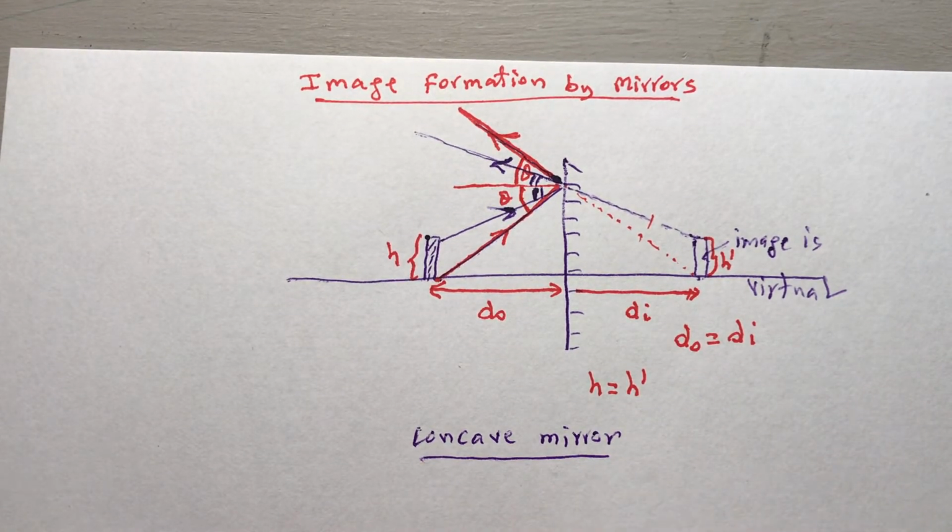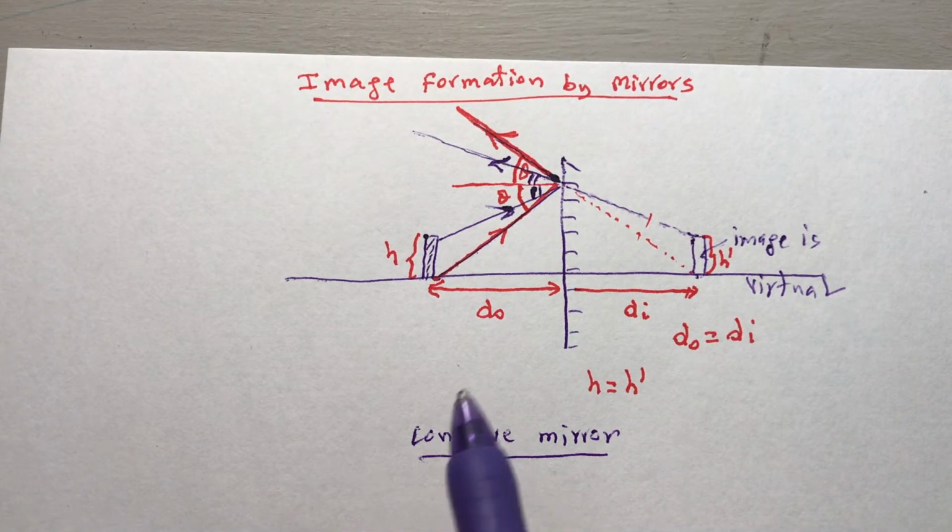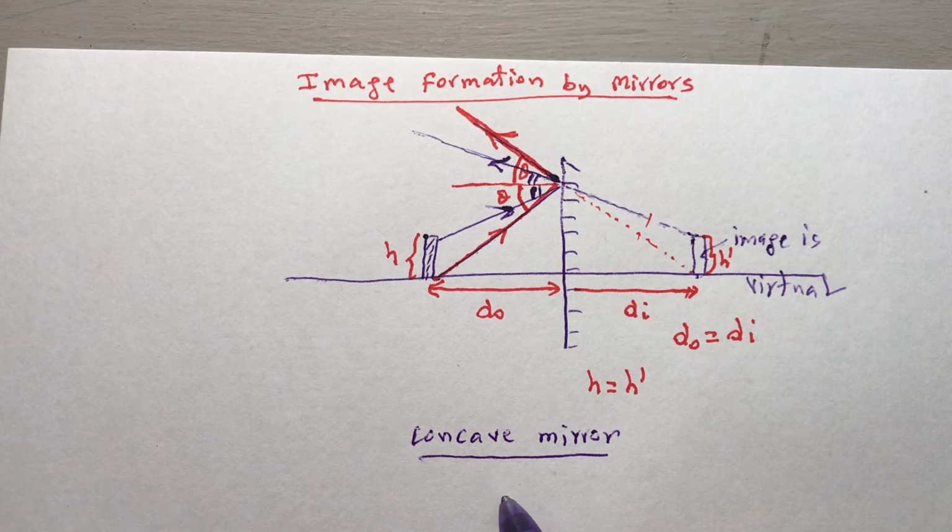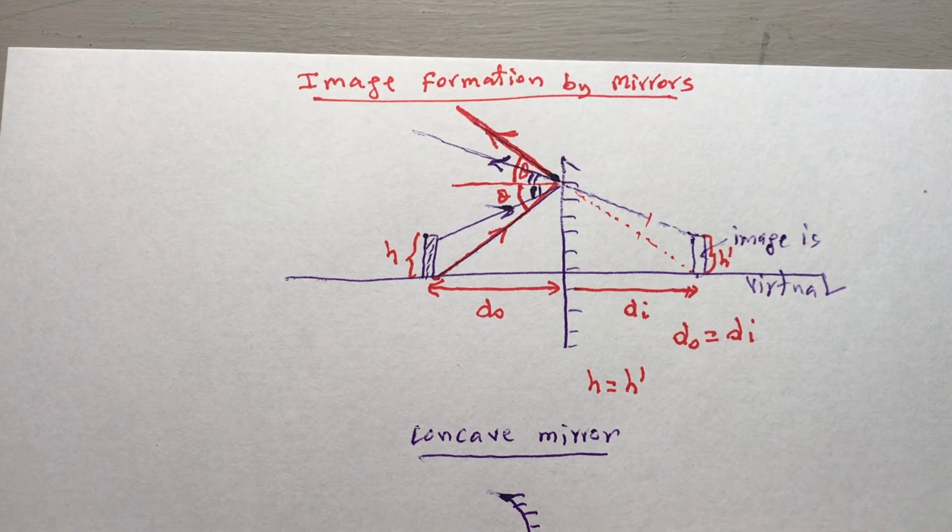For the concave mirror, it's a mirror that's caved in. It's like that. So this side here doesn't reflect light. So the light is coming from the left. So we choose the axis, the horizontal axis.